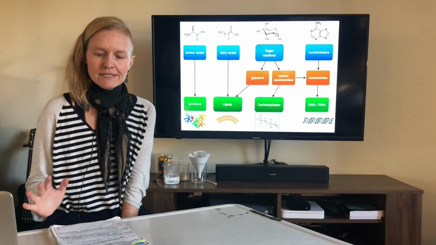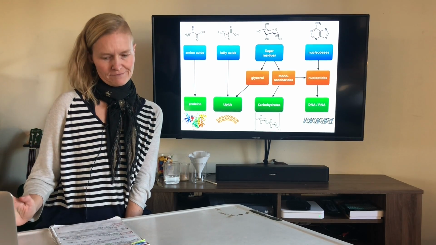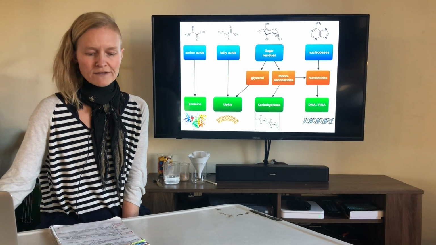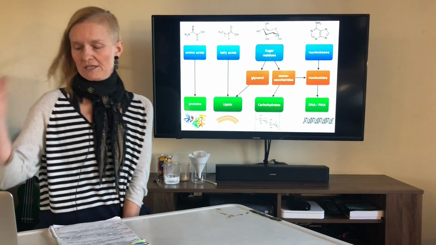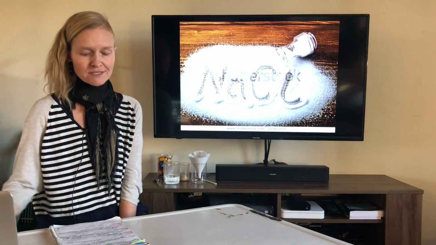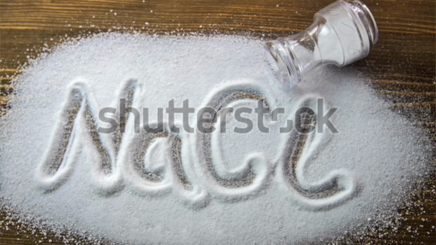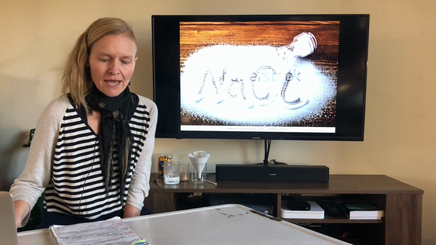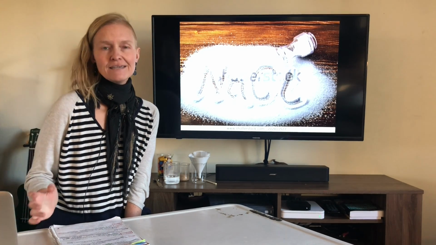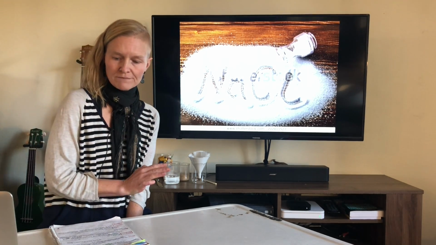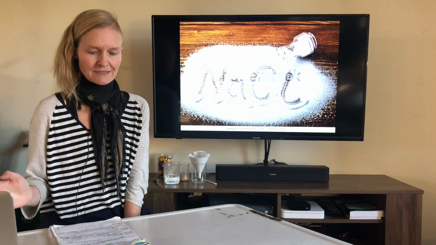There are millions of different compounds. And of course, one of the examples, which we've already talked about many times, is sodium chloride. Sodium chloride is table salt. And it is the combining of the elements sodium and chlorine.